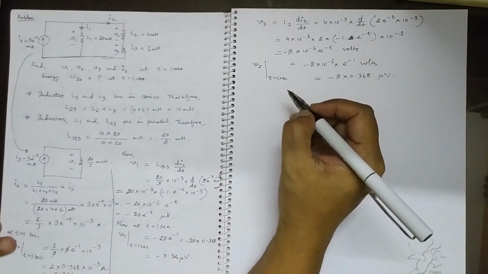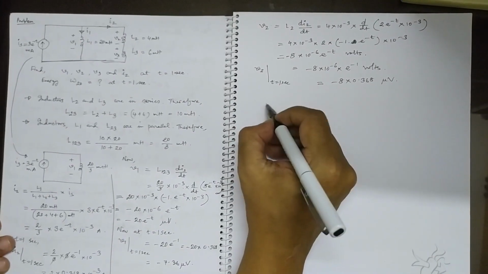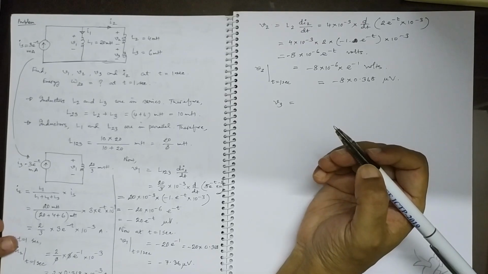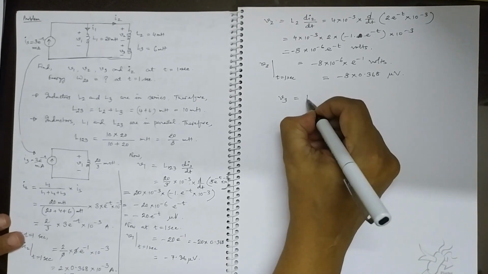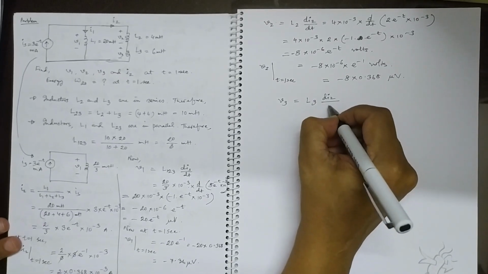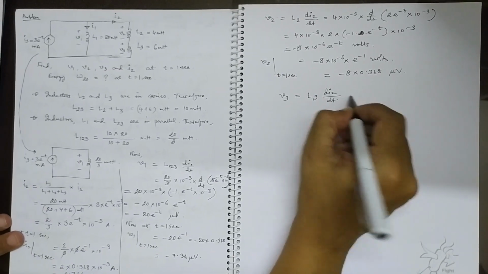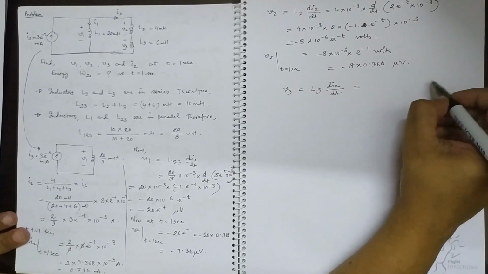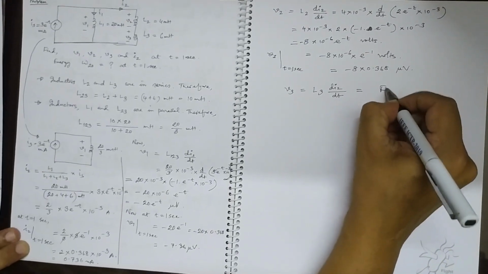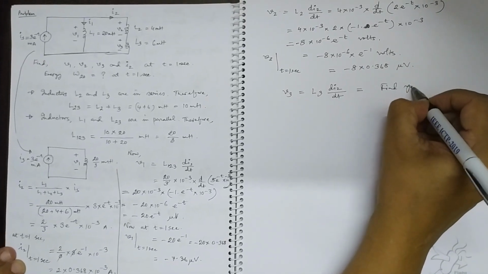Okay. Find V3, which is equal to L3 di2 by dt. You just put the values, so you can find it by yourself.